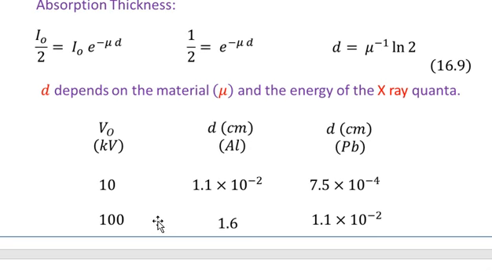So again, you know that this distance d is the distance by which the intensity of the X-rays entering into the material becomes equal to half. So if an electron is entering with an energy of 100 kilo electron volt, it will penetrate a distance of 1.6 centimeter into aluminium, and a distance of 1.1 times 10 to the power minus 2 centimeter into the lead.